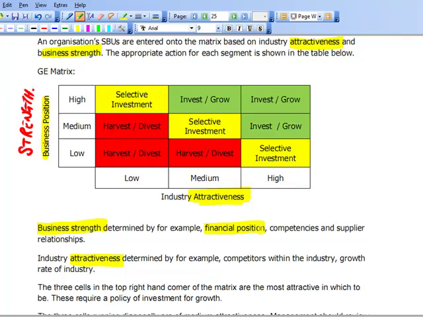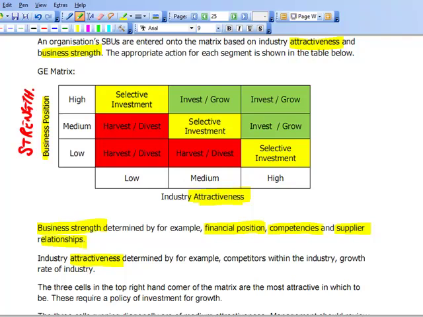How much cash does it have? Is it profitable? What are its competencies? Not just the threshold competencies we looked at earlier, but the core competencies. What about relationships? Here we've got supplier relationships, but also customer and client relationships. So the strength will be determined by a variety of those factors.